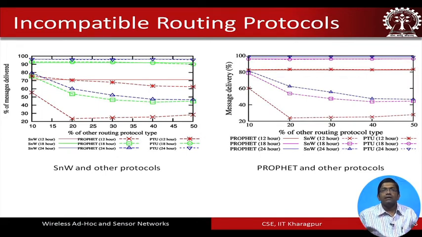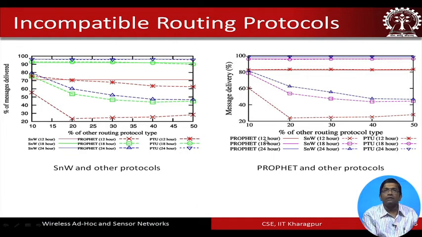Now, here again the percentage of messages delivered is compared, but with respect to how the different routing protocols perform: a comparison between pure Prophet, SNW and PTU.